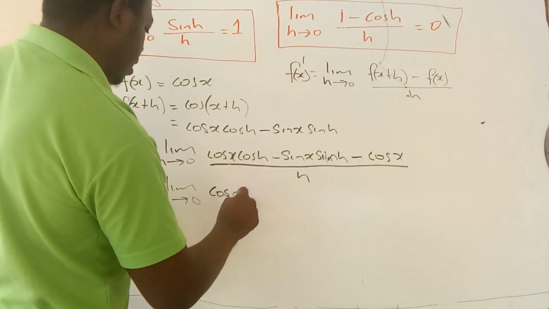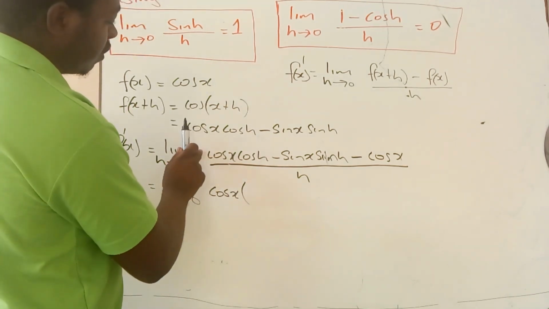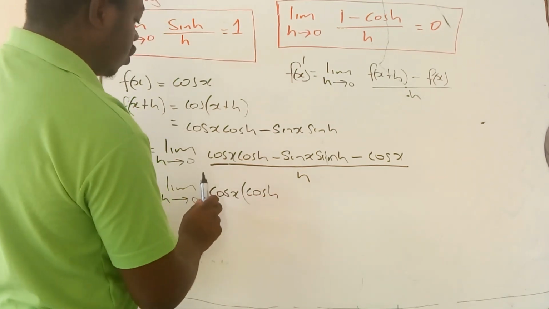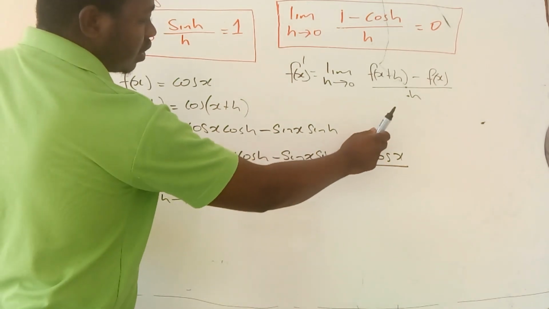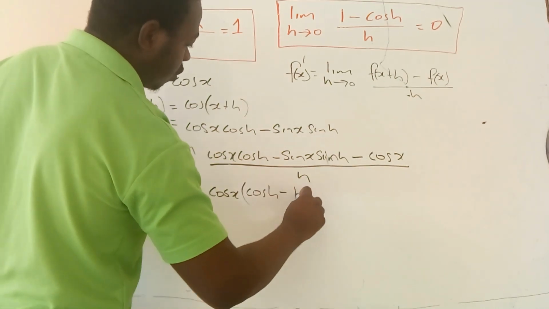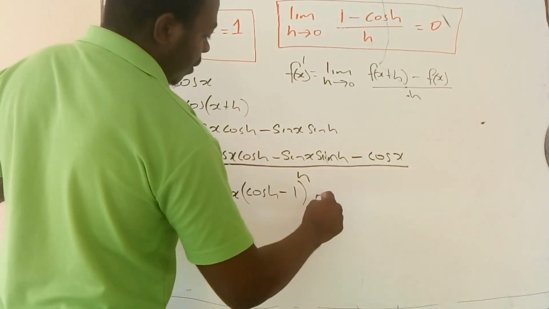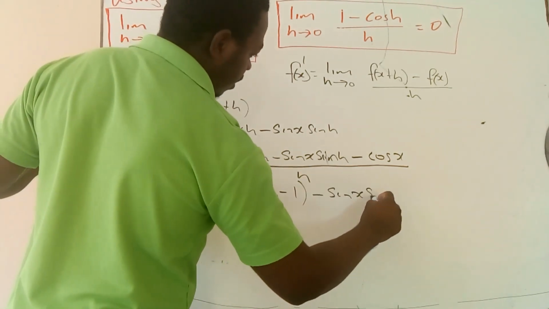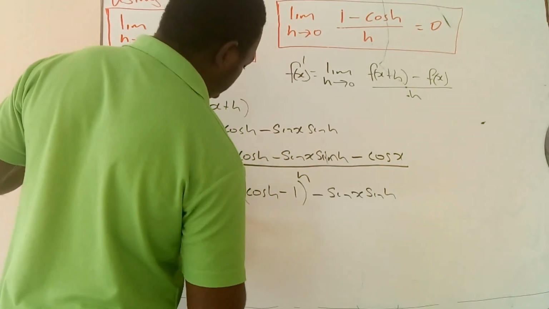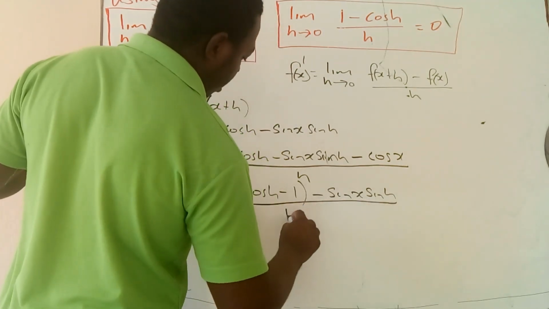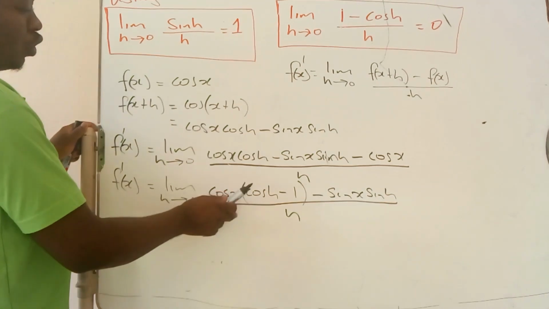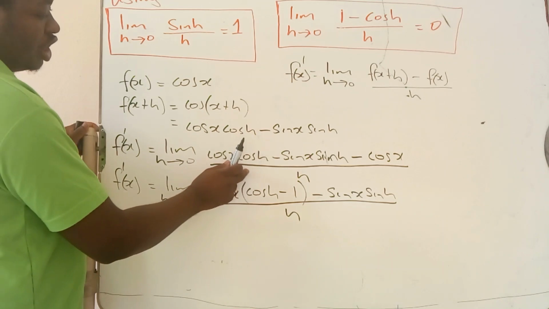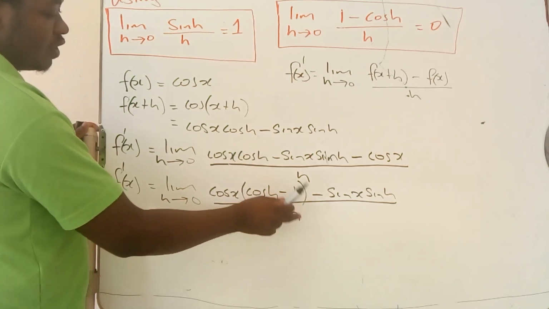So if you factor out cos x out of the first term, that leaves you with cos h. Factor out cos x out of the last term, which is minus cos x, that leaves you with minus 1. Right? Then you write back your middle term, which is minus sine x sine h, all of that divided by h, right? We know that this can be rewritten by splitting the fraction and giving it a denominator of h, right?